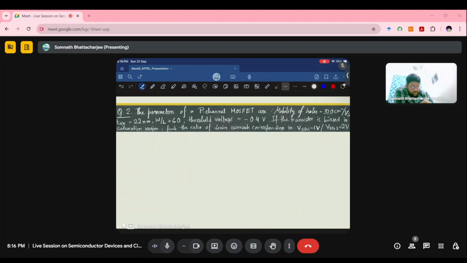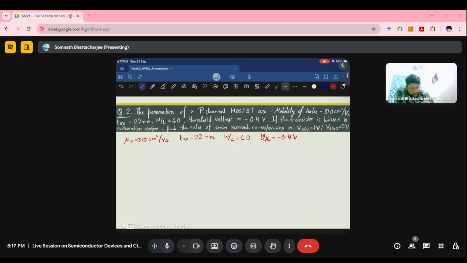Let me write it down in this case as well. We have the mobility of holes, mu p, as 310 centimeter square per volt second. We have T ox, which is 22 nanometers, the aspect ratio as 60, and the threshold voltage VTH as minus 0.4 volts.